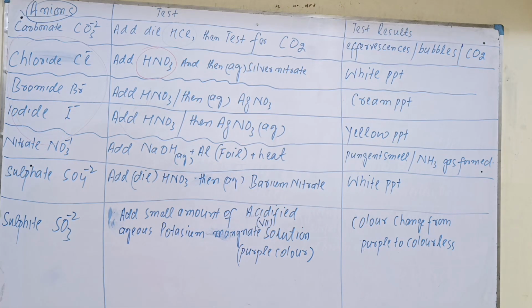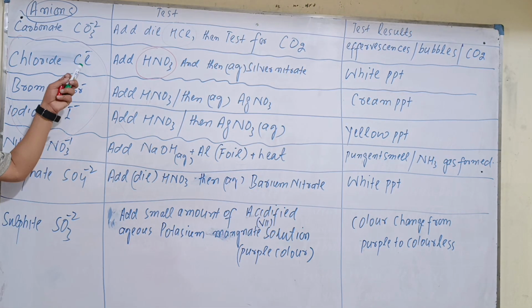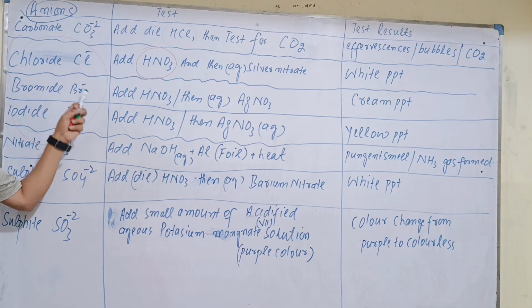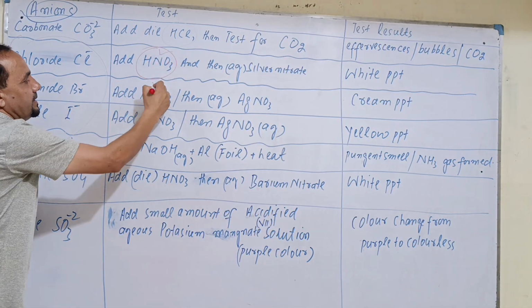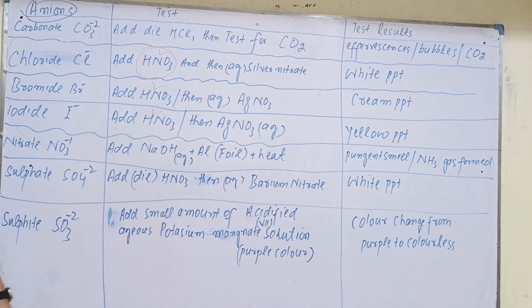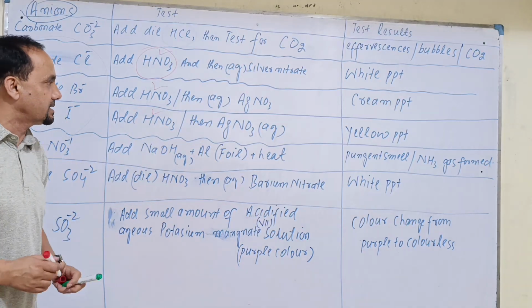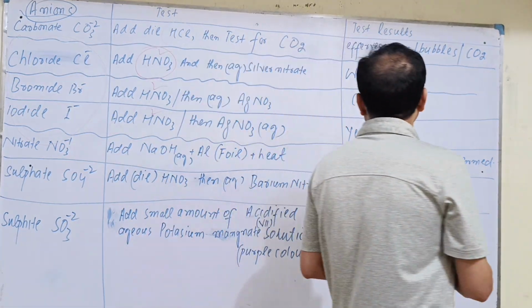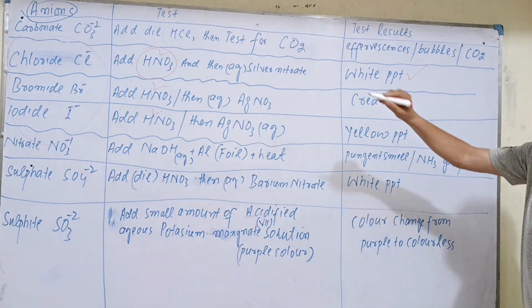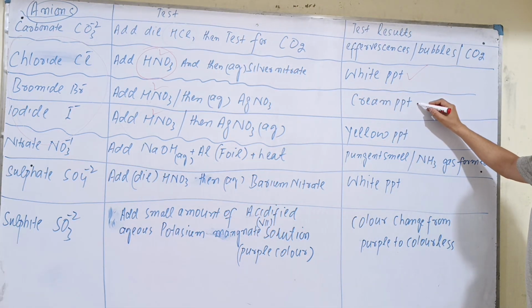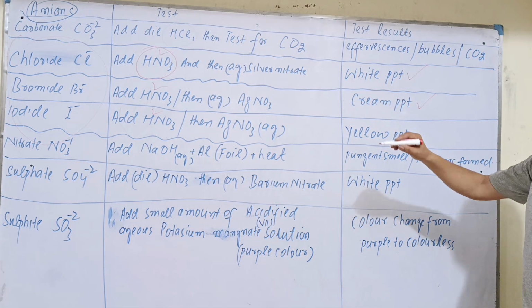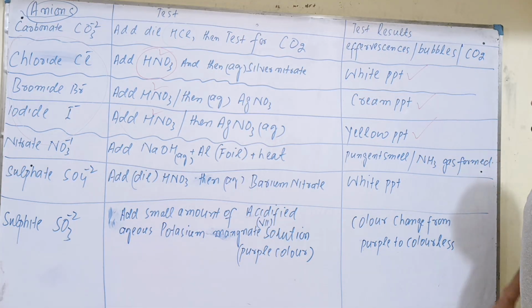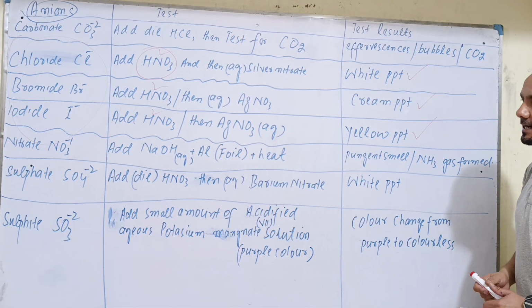So to remove any traces of carbonate ions present with the halide ions, first we add nitric acid. Then we add silver nitrate solution. For chloride ion, you will see white precipitate. For bromide ion, you will see cream precipitate. For iodide ion, you will see yellow precipitate.